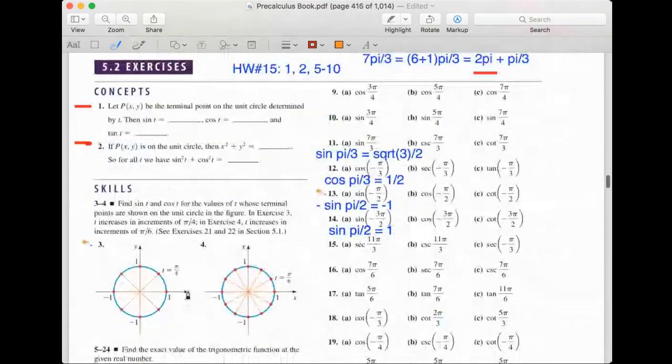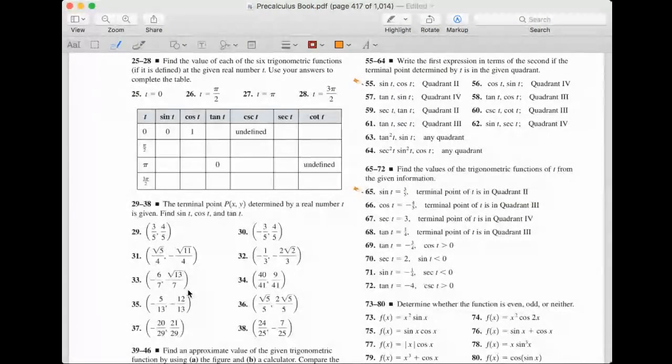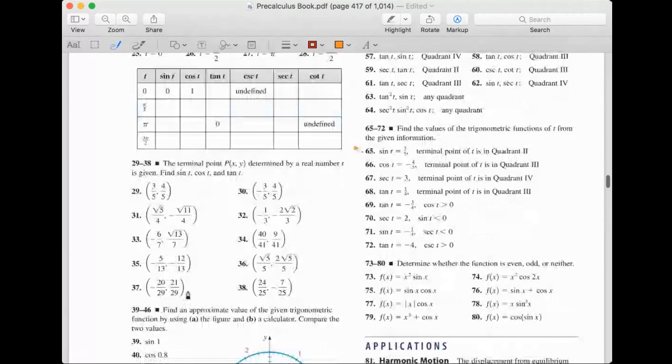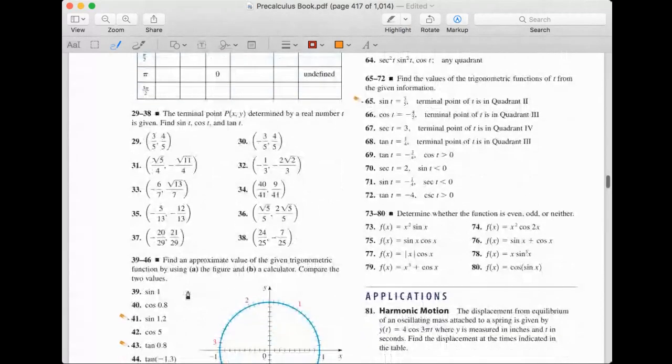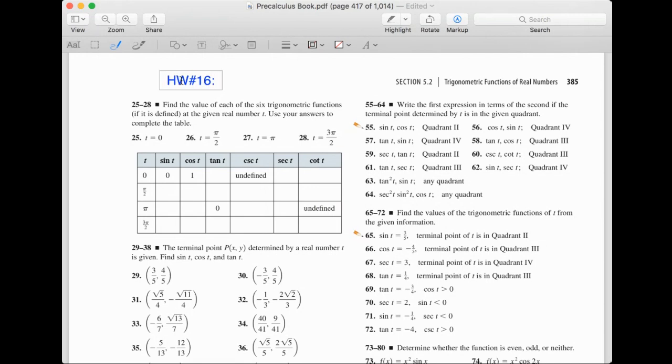So I'm going to leave you some homework. Homework 16, section 5.2.